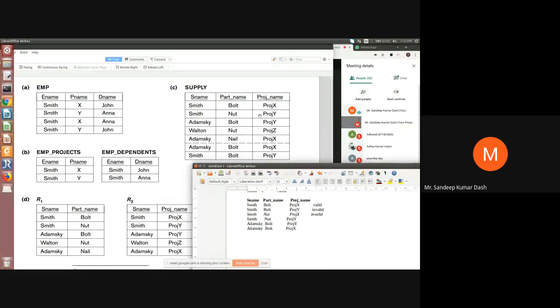Knot is combined with project Y when it is with Smith, but here knot is combined with project X. This type of rows will come whenever you try to join back the divided relations into the original relation. Okay, so these are called spurious tuples.